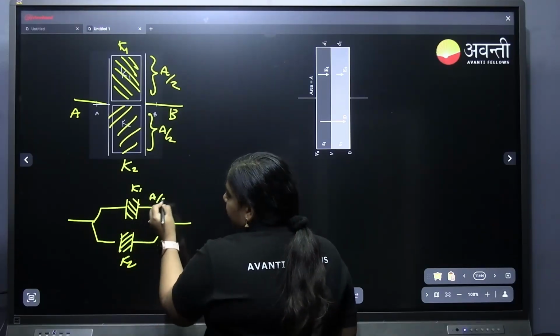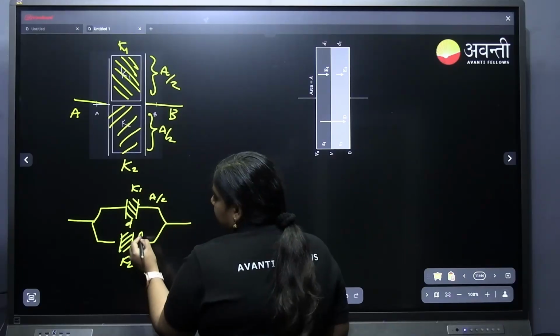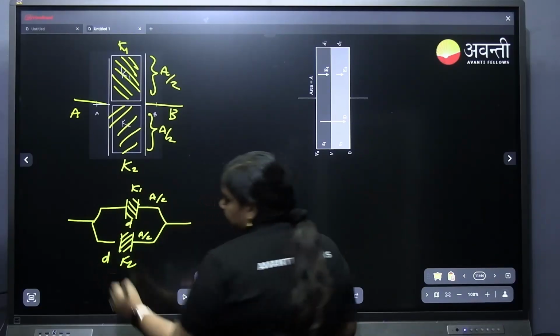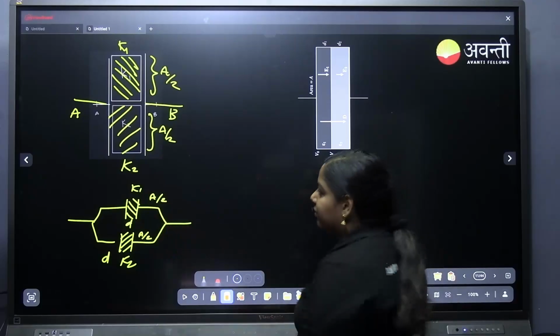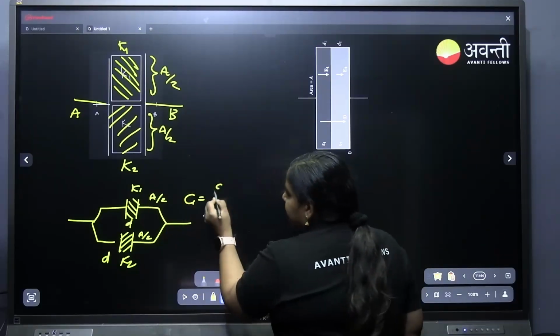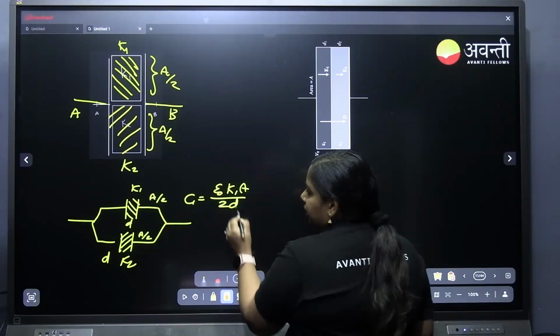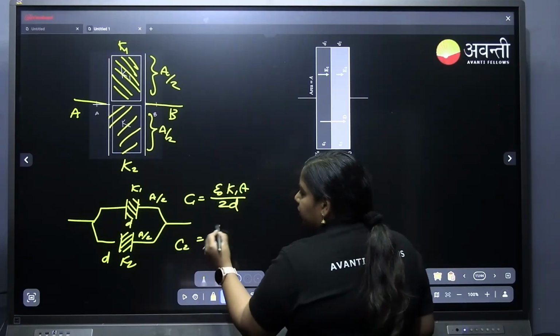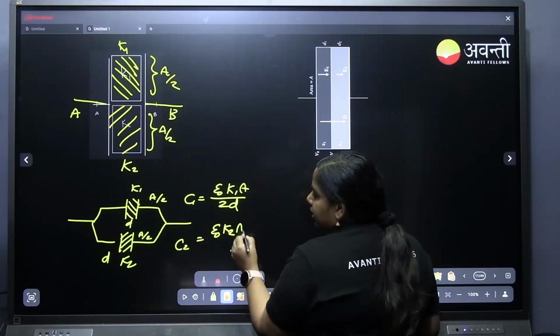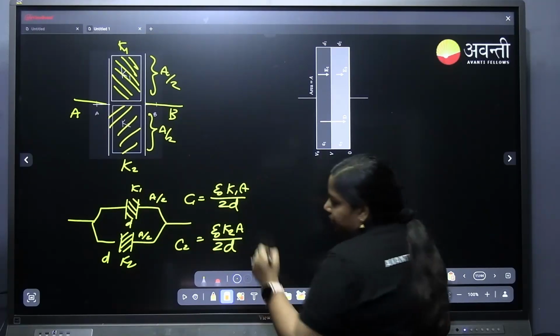Here area equals A by 2, distance D, area A by 2, distance D. So C1 will be equal to epsilon naught K1 A by 2D. C2 will be equal to epsilon naught K2 A by 2D.